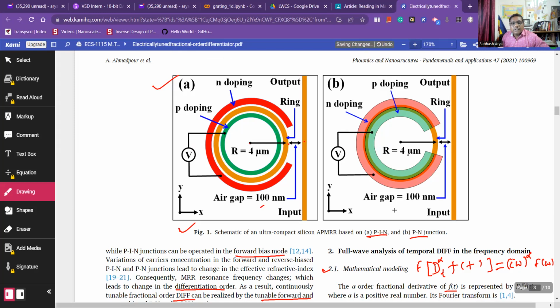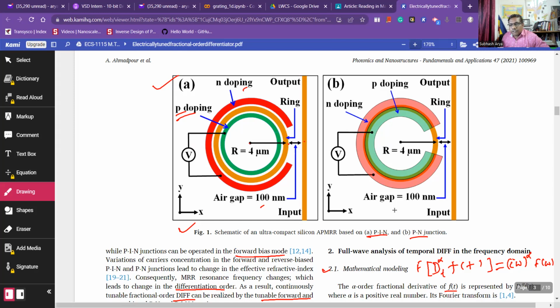Now inside there is another ring, green color, it is P dot, and the red color ring is N dot. Now this voltage is supplied between P and N in order to make it forward or reverse bias.